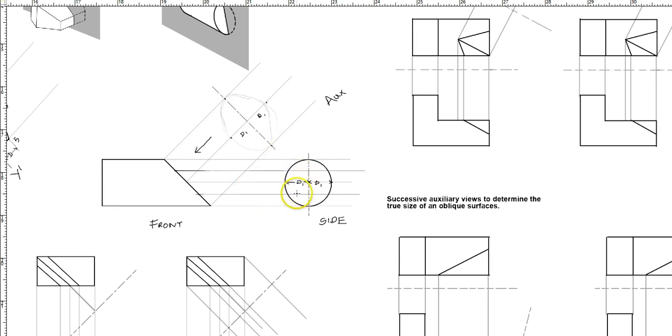Now we got 1, 2, 3, and 4 more points. Now I will have to project these lines going in this direction as well, wherever it intersects.